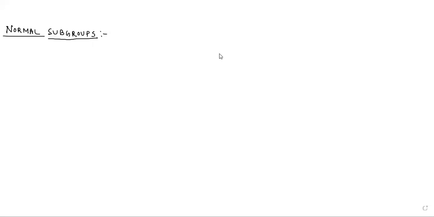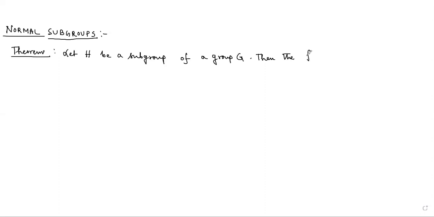Okay, so my first result is this. It's a theorem, and it is saying that let capital H be a subgroup of a group capital G. Then the following conditions are equivalent.